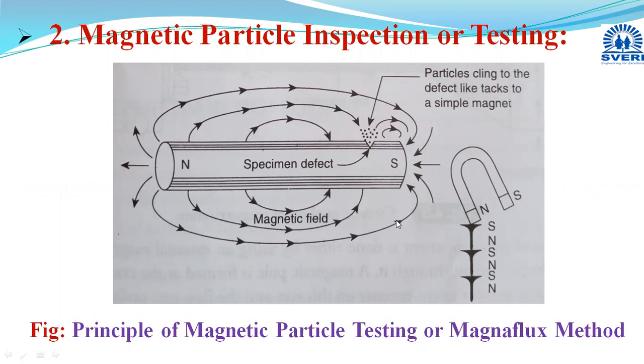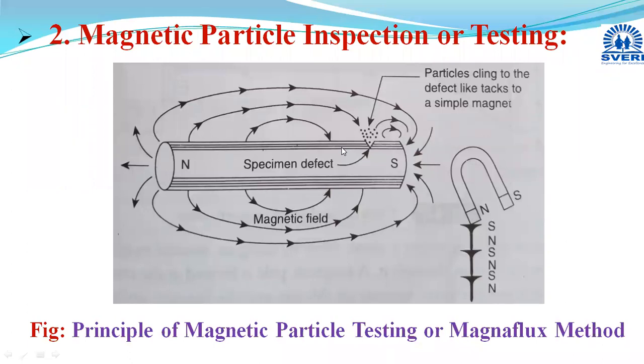In the same way, where a crack is there, a pole is created and the powder will get concentrated at that area, and in this way we will be able to find out where the defect is present on that specimen.